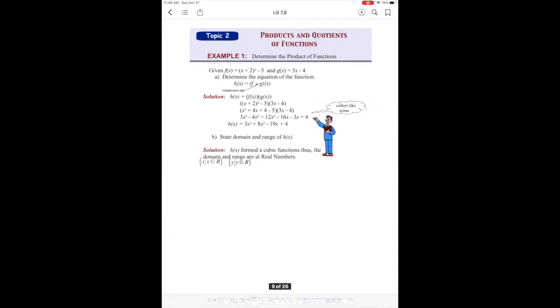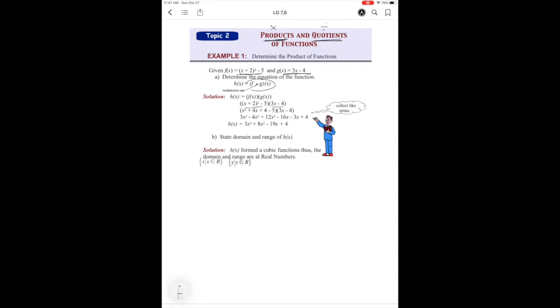Now we're going to look at the product and quotient of different functions. We've looked at adding and subtracting. Now we're looking at product, which is times, and quotient, which is division. Our first example here, we have an f function and a g function, and they want us to multiply.